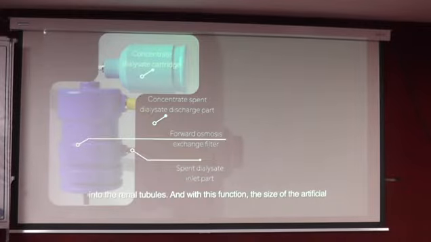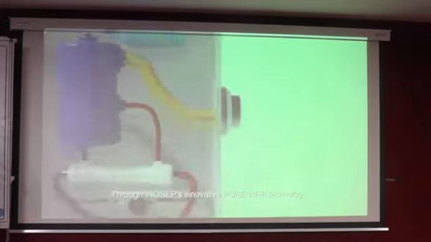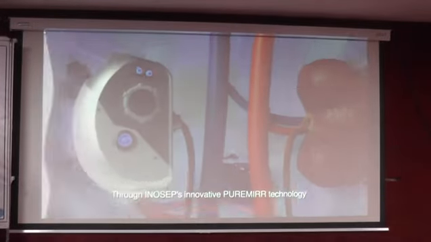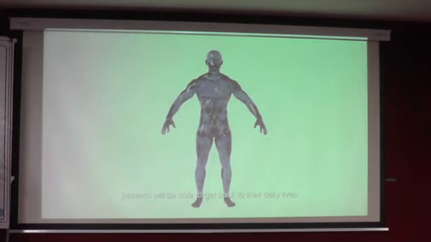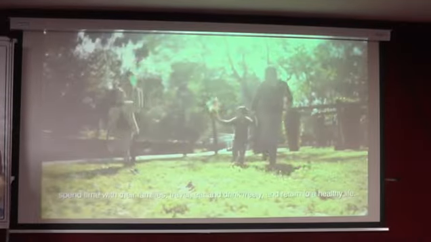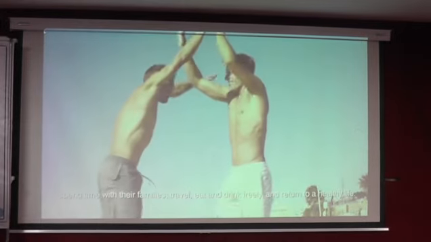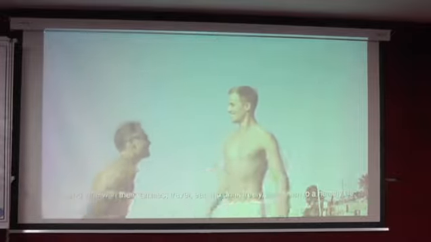And with this function, the size of the artificial kidney device can be dramatically reduced. Through Inicep's innovative Pioneer technology, patients will be able to get back to their daily lives, spend time with their families, travel, eat and drink freely, and return to a healthy life.